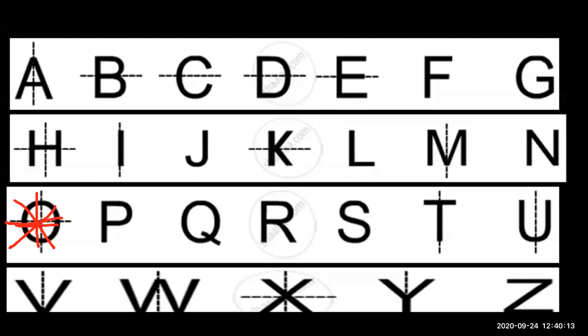There are 10 alphabets which don't have any axis. Okay. Now students, I am giving you 1 or 2 minutes for completing this work so that we can move further. Make an axis on the alphabets which I have told you to write in your notebook.